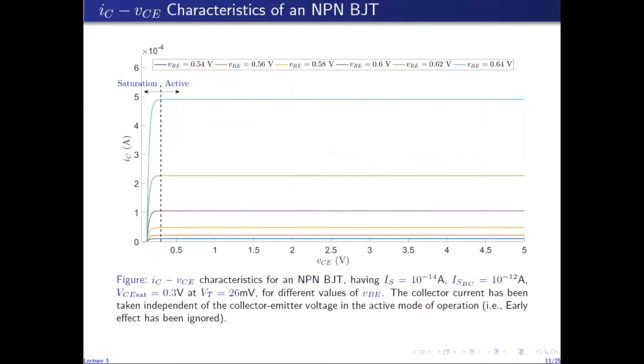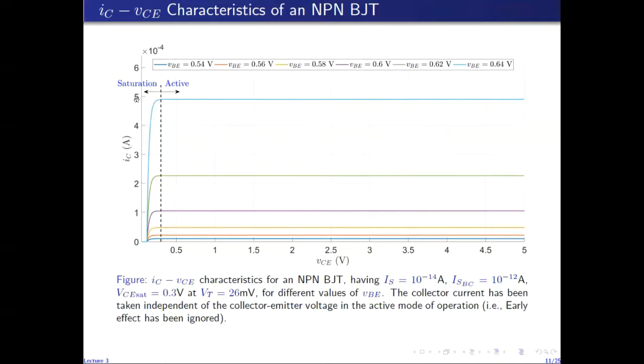So here I show the collector current versus collector emitter voltage characteristics. Collector emitter voltage is given on the x-axis.